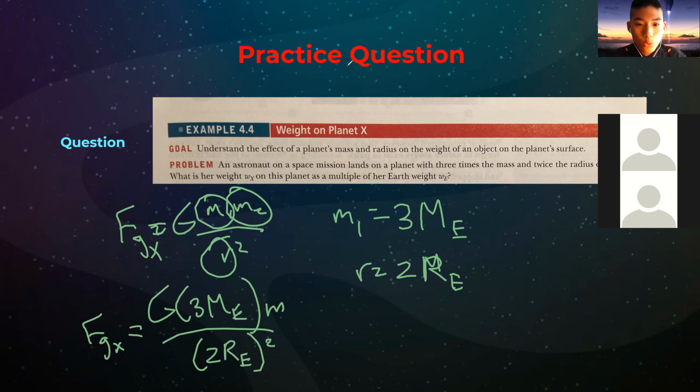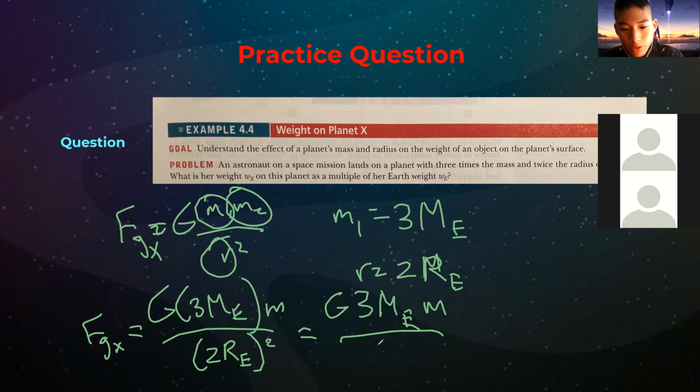Okay, so what is 2 to the power of 2? 4, right? So what we would get is G, right? This brings us over to 3 G M E times small m over 4 R E, right?